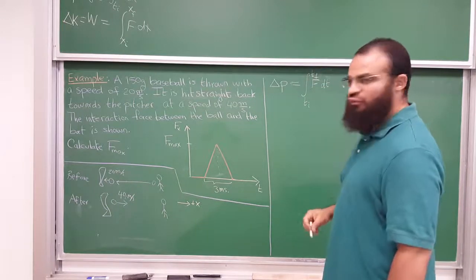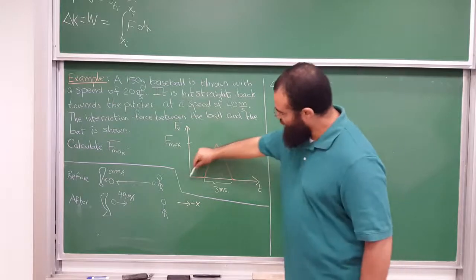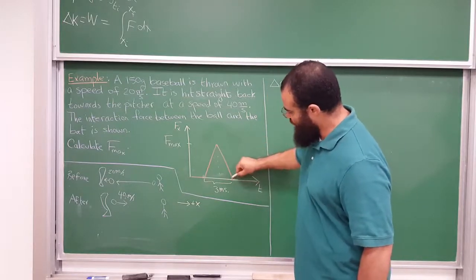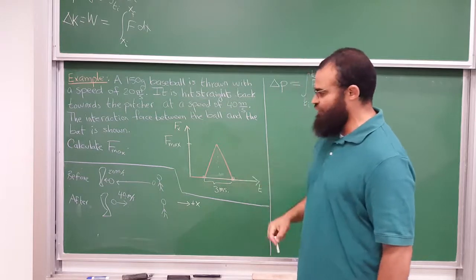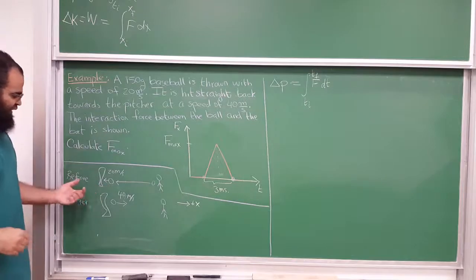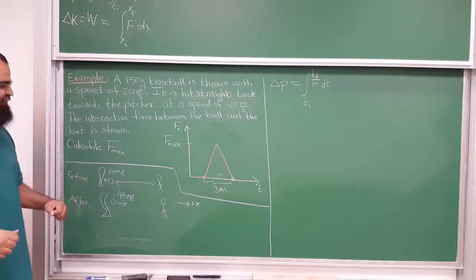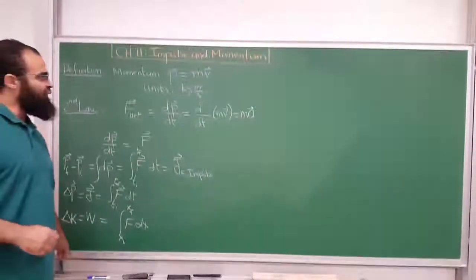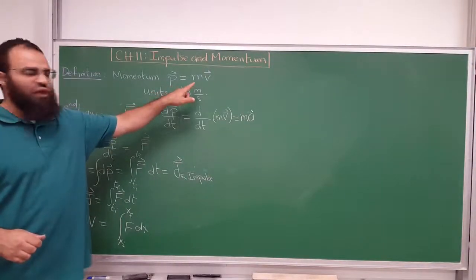I know the change in momentum. Right before the ball hits the bat, it had some momentum, and then after hitting the bat, it has a different momentum. Before it hits the bat, the momentum was mass times velocity, because remember, by definition, momentum is mass times velocity.